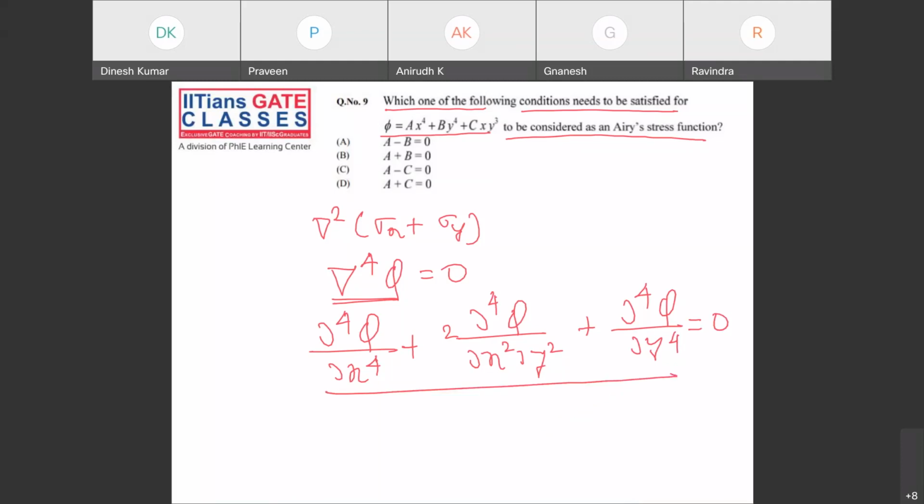When you substitute phi and differentiate, if you check dou power 4 phi upon dou x power 4, how much will it come as?